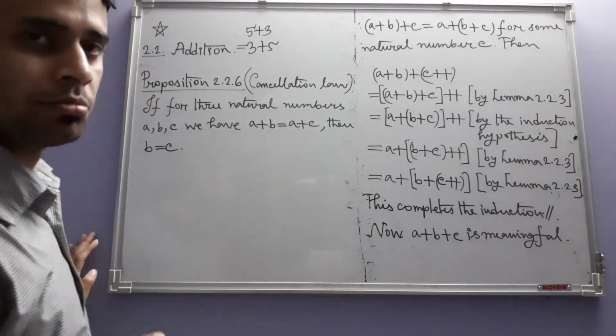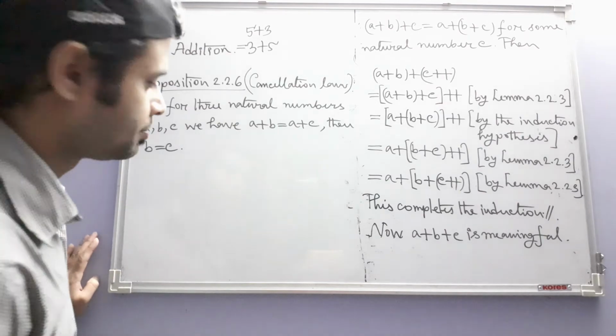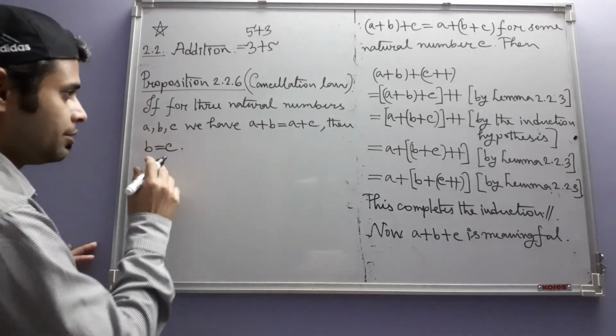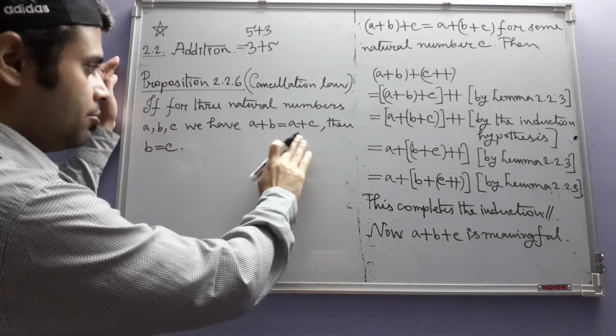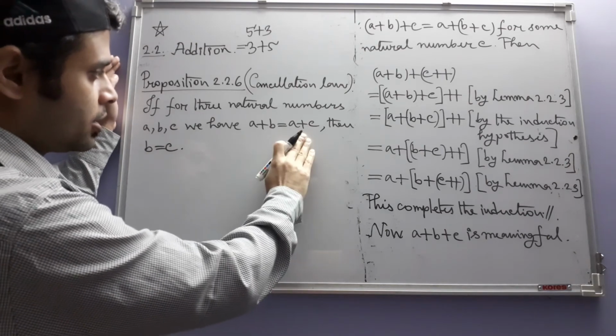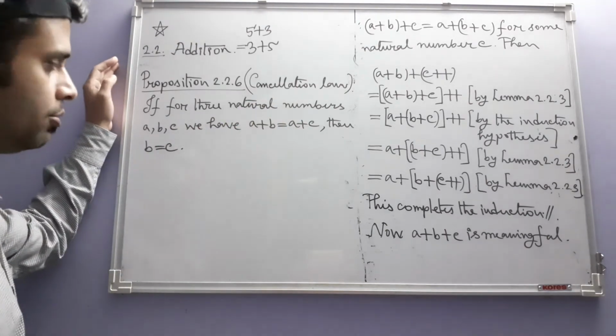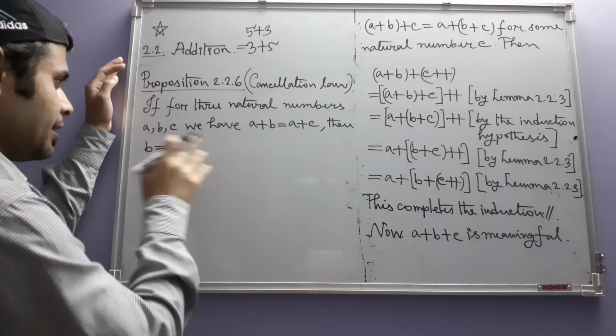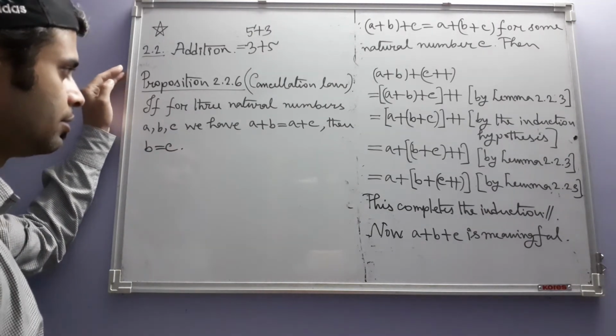We cancel A from both sides usually. Usually means all the time. When we come across a situation like this, we cancel A from both sides. And that is the cancellation law.